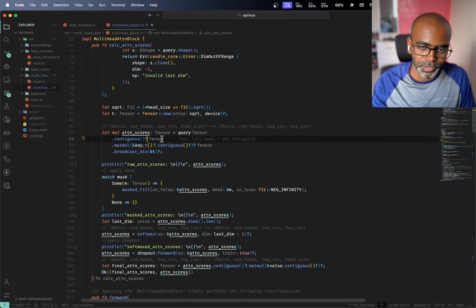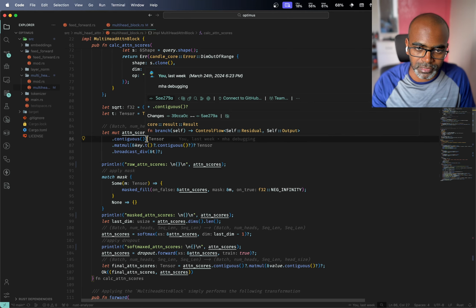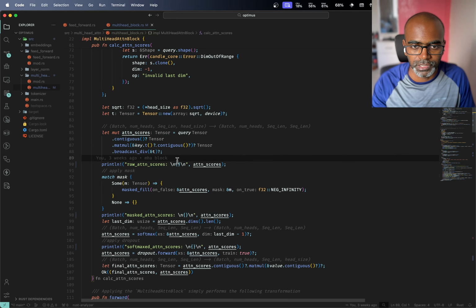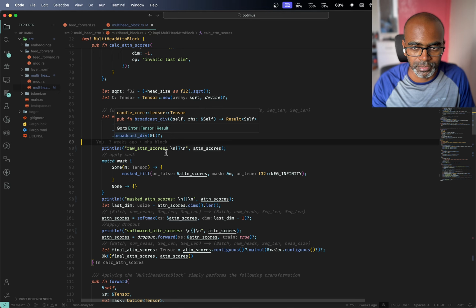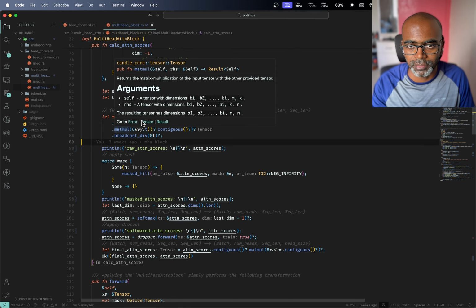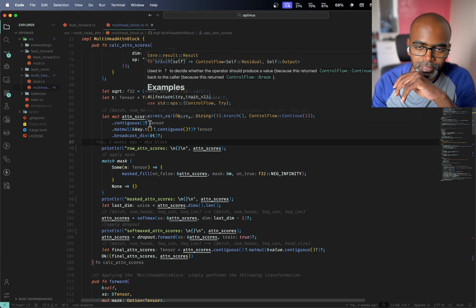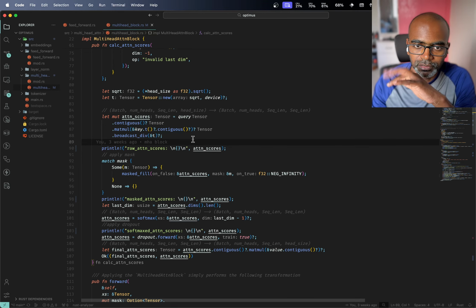The other thing that you need to notice is that all of these are packaged up in the result type. If you see the broadcast, that's a result. If you see the matmul, that's a result. Everything's a result, so you'll end up having a lot of question marks just to do the safe unwrapping of your operations.